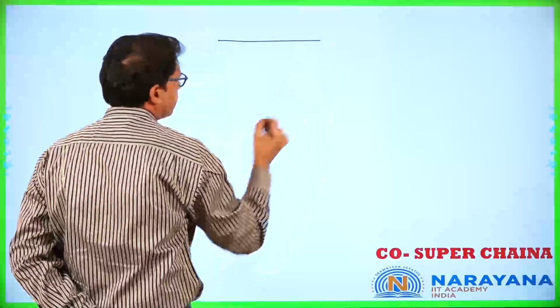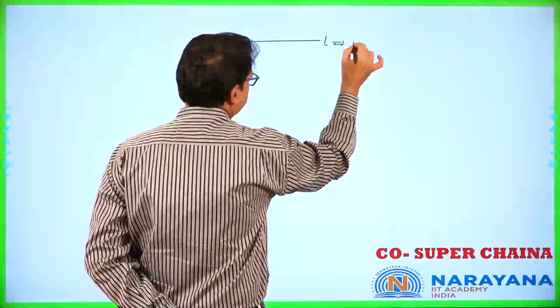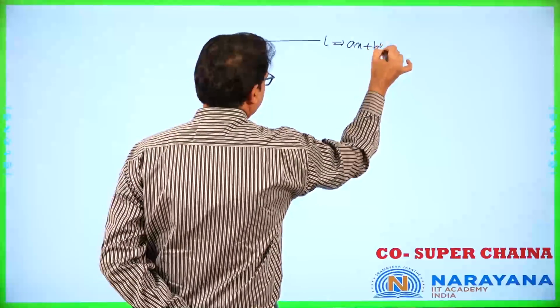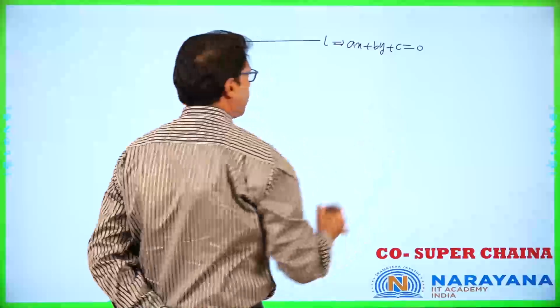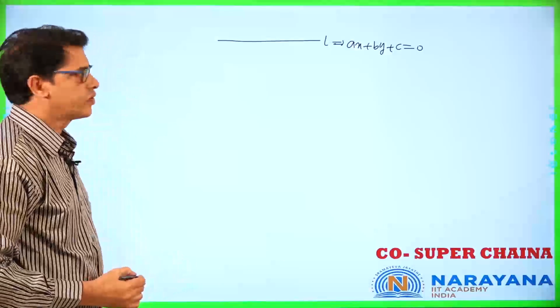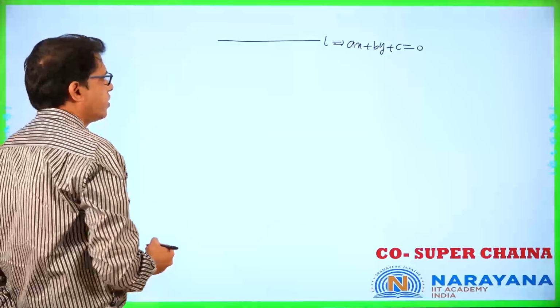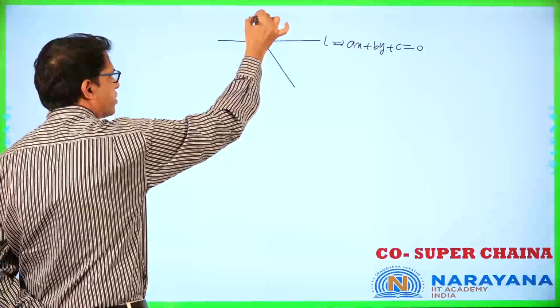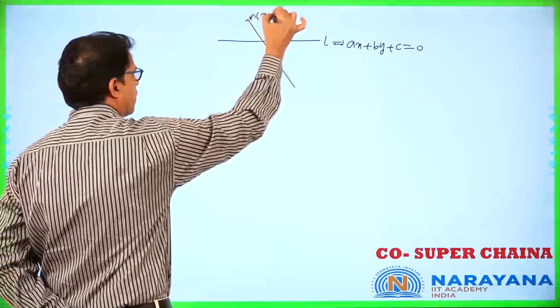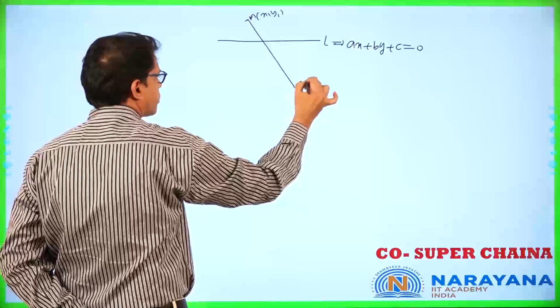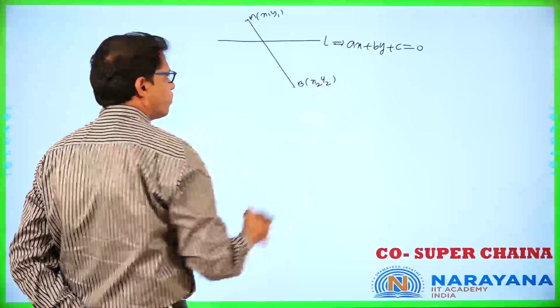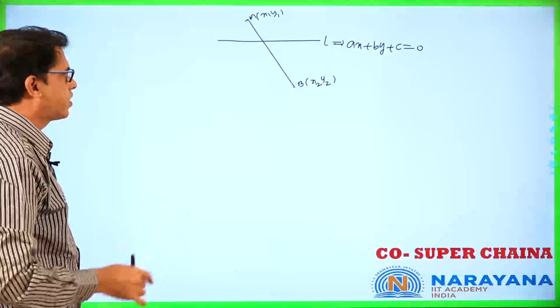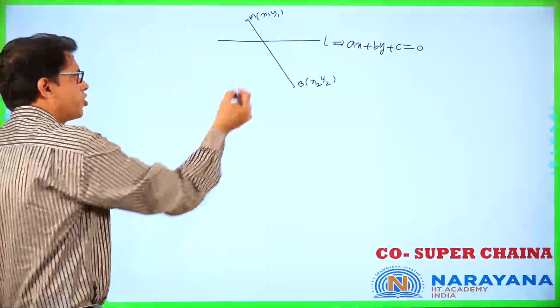Consider a line. Say the equation of the line is ax plus by plus c equals 0. If this line is dividing a line segment joining the points, say A(x1, y1) and B(x2, y2), so the line is dividing the line segment in some ratio, m to n.